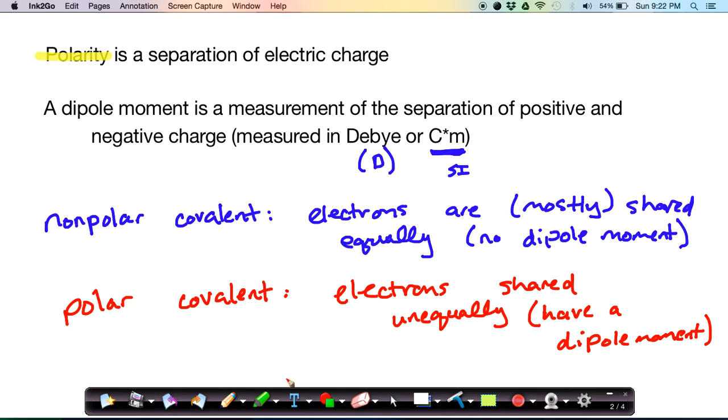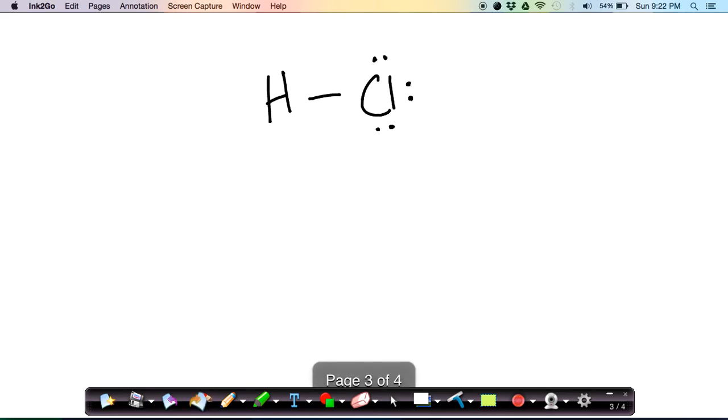So the example we're going to use here is an HCl bond, so hydrogen and chlorine bonded together here. If we look at our periodic table and record the electronegativity values here, we're going to get 2.20 Pauling for hydrogen and 3.16 Pauling for chlorine.